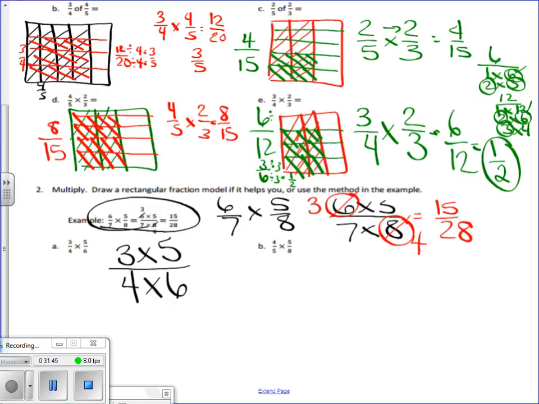My 3 has something in common with my 6. Now, they don't share a 2, because 3 can't have a 2. But 3, what? 3 can go into 6. 3 becomes a 1. 6 becomes a 2.